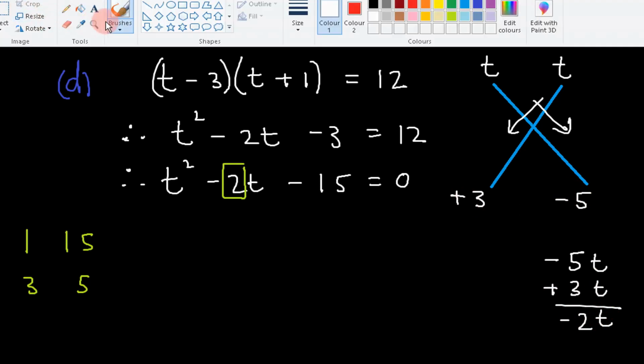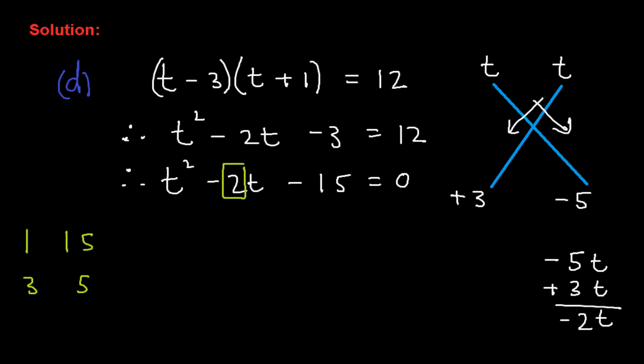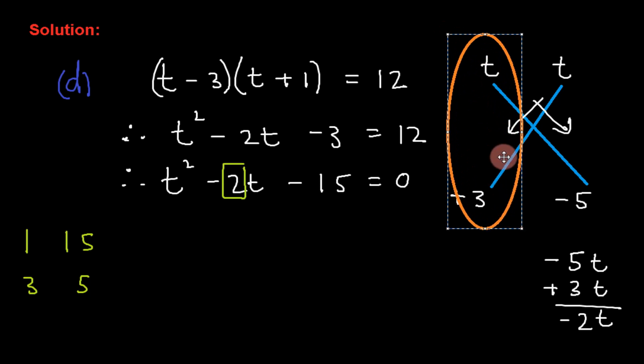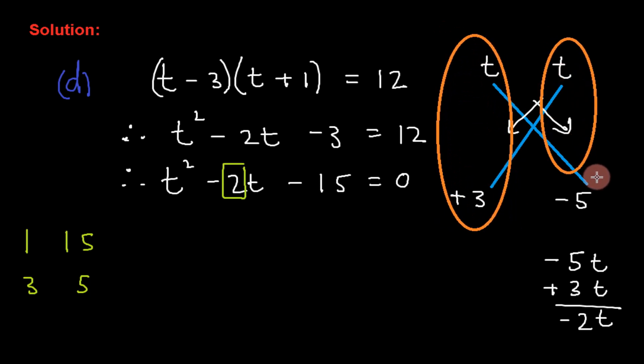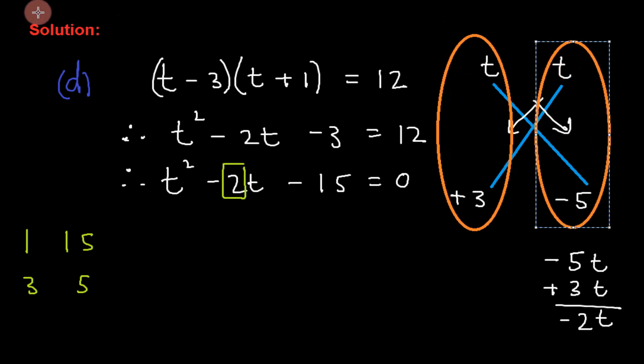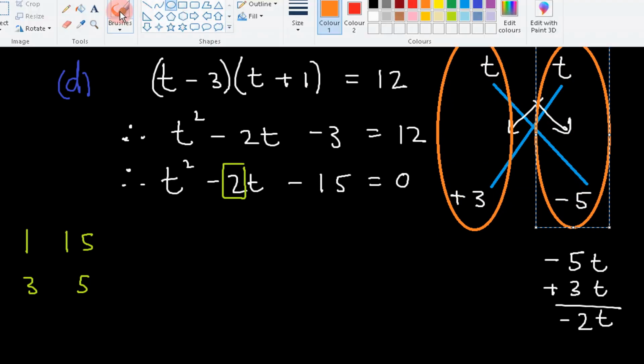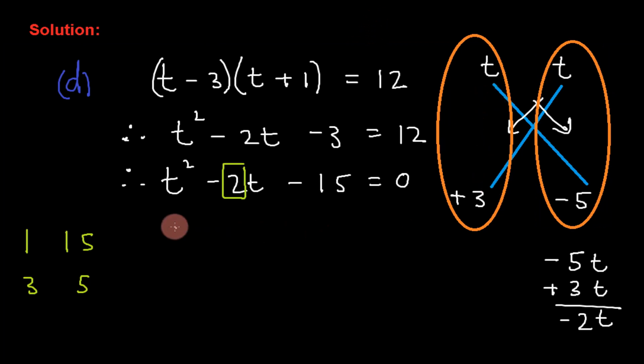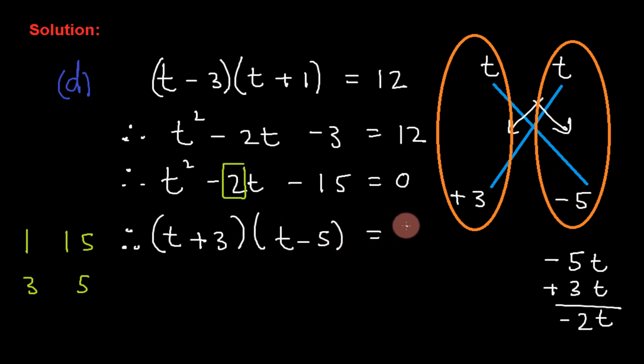We can now group vertically. So t plus 3 in one set of brackets. And t minus 5 in the second set of brackets. We check mentally.